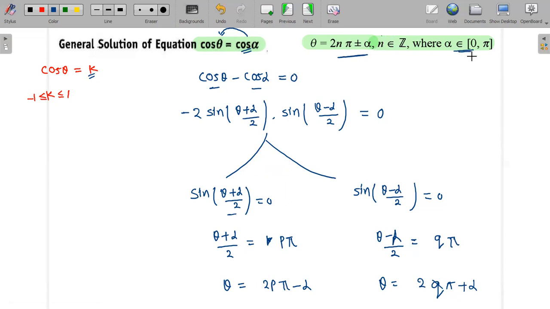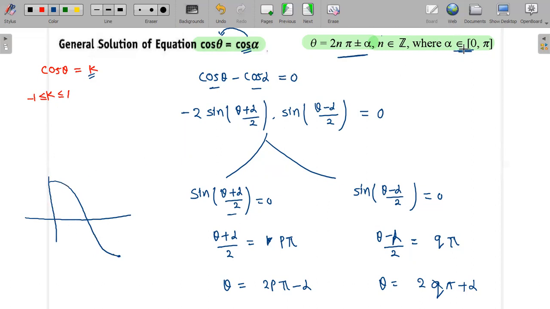But what about alpha? For the values of alpha, again, we have to choose that branch which is close to 0, as well as which will give you unique values of theta. No two angles should be responsible for one value. And theta from 0 to pi will give you that opportunity, where a particular angle is responsible for a particular value.